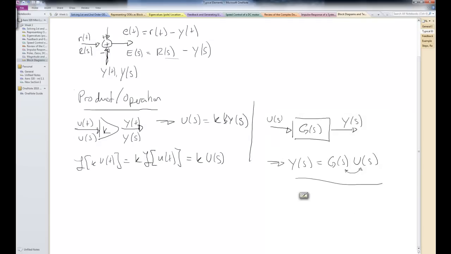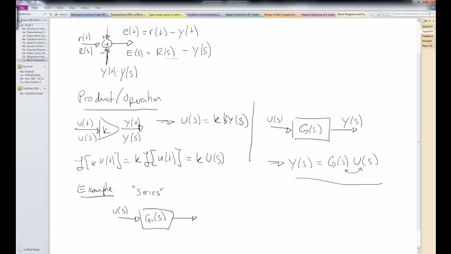Just by way of example, we can look at two different cases. If I have things in series, right? In other words, let's say I have U of S, and I have G1 of S, right?